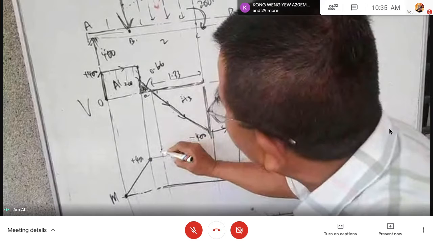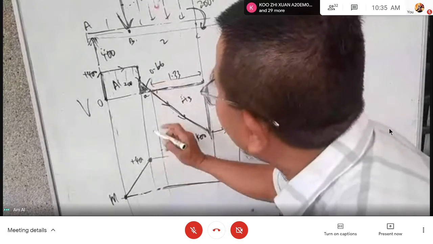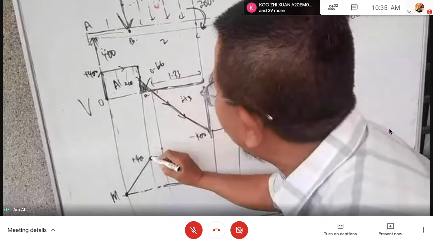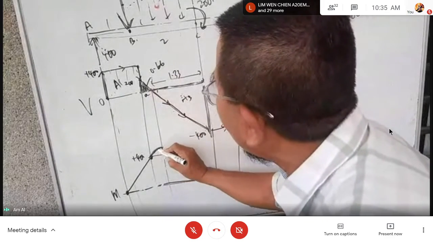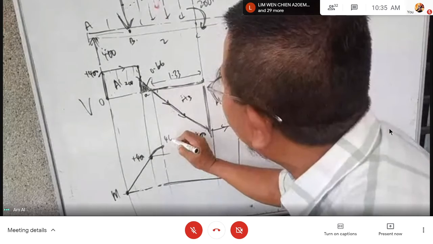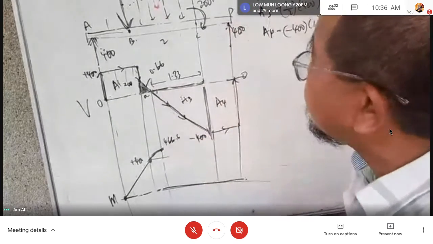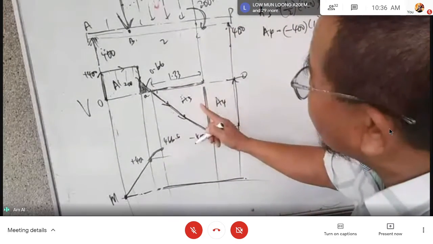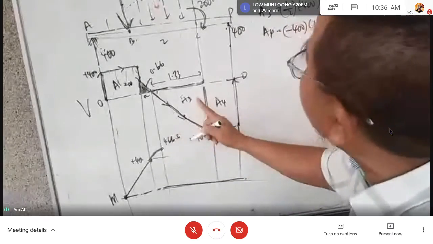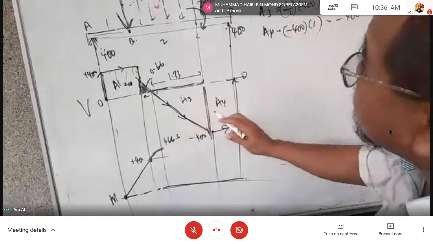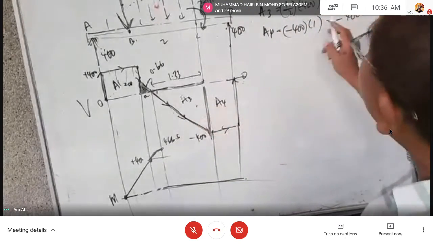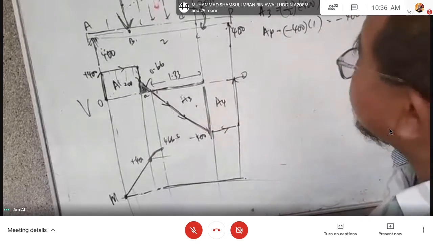It's not a straight line anymore because the first one is a curved line because this is a triangle. Curved line there. Yeah? So the value is 466.6. And then you go down by that much. How much is that? A3 here, 266.